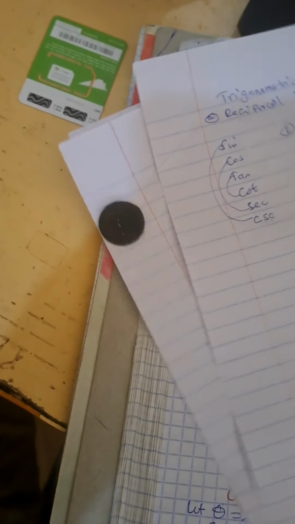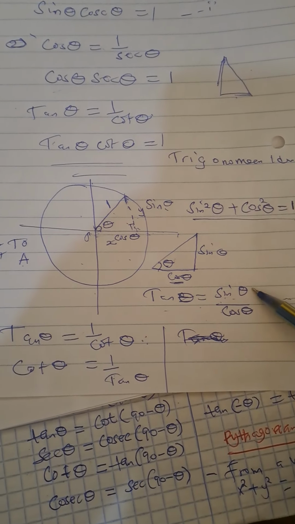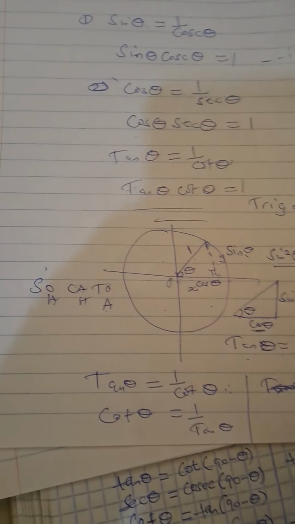Then there is an identity that we also derived from the unit circle, where we said that tan theta is equivalent to sin theta over cos theta. So from here we can get cos theta.